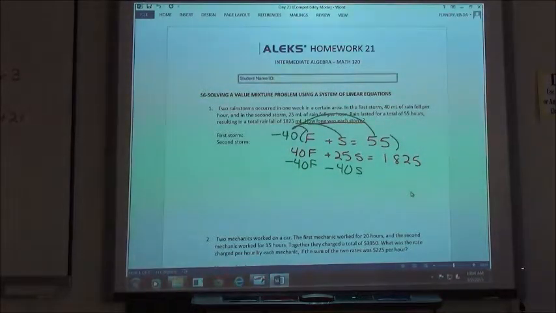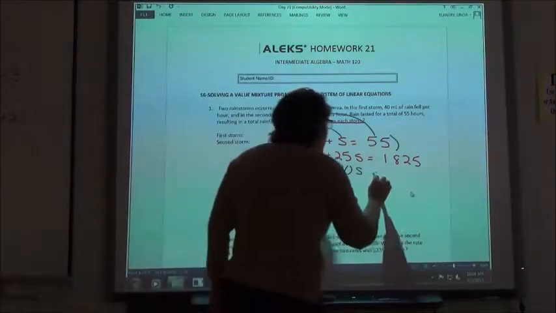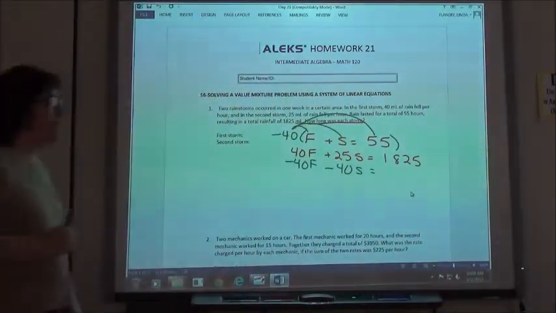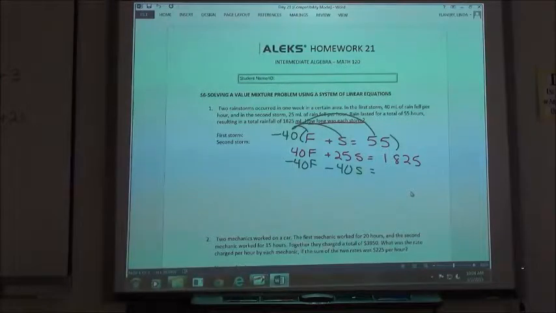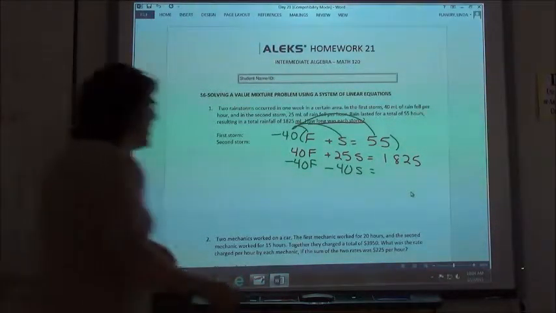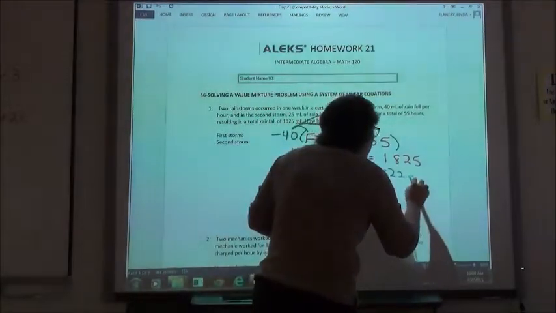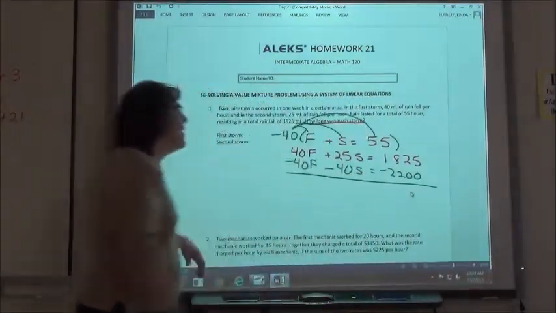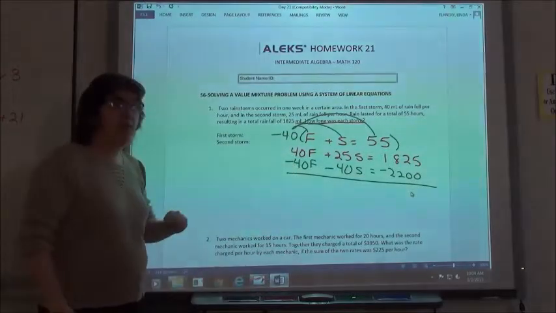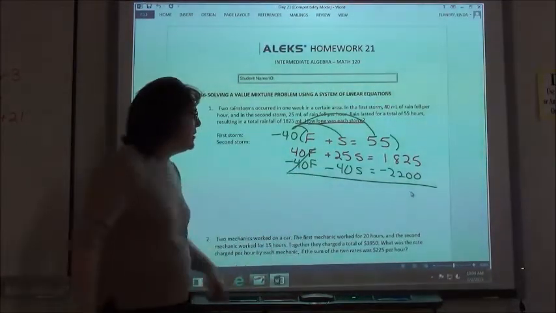So if you grab your calculator and take negative 40 times 55 for me. Negative 2,200. I now have opposites in front of my f's. My f's will cancel out.